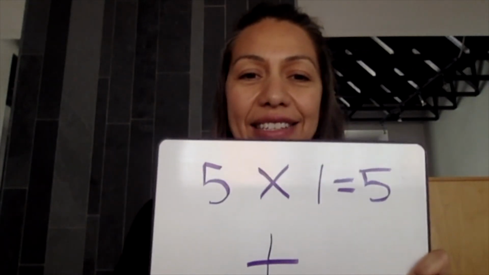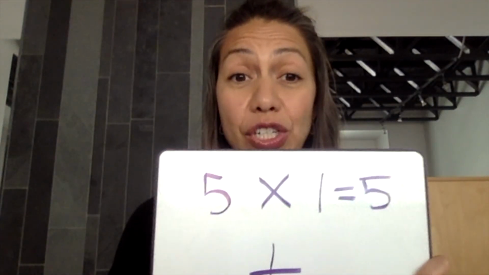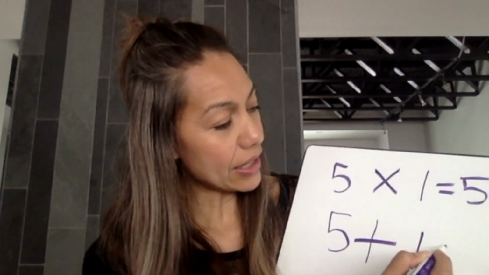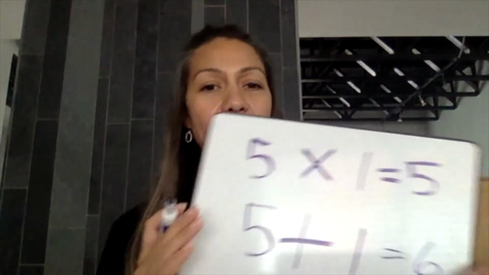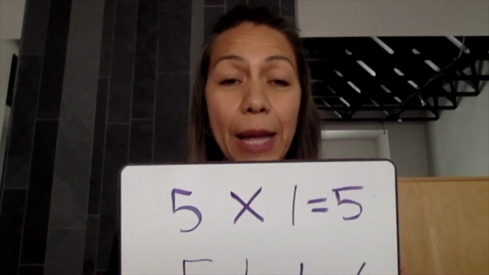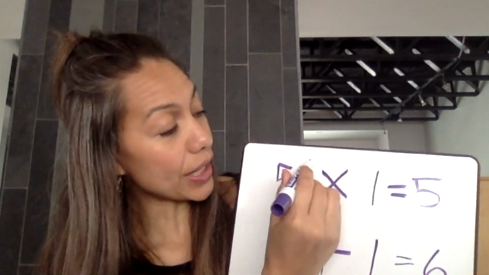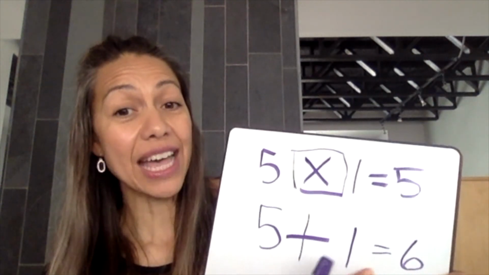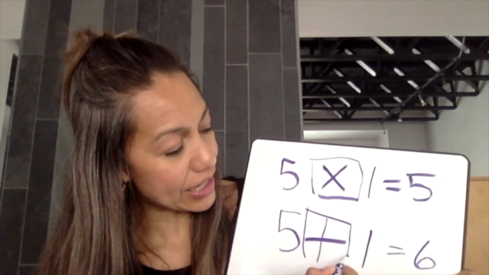What sign is that? Addition. Very good. This is our addition sign. So if I do 5 plus 1 equals 6. So here we have our product, and here we have our sum. When we have a product, that means that we multiplied. When we have a sum, that means we have added, and we used our addition sign.